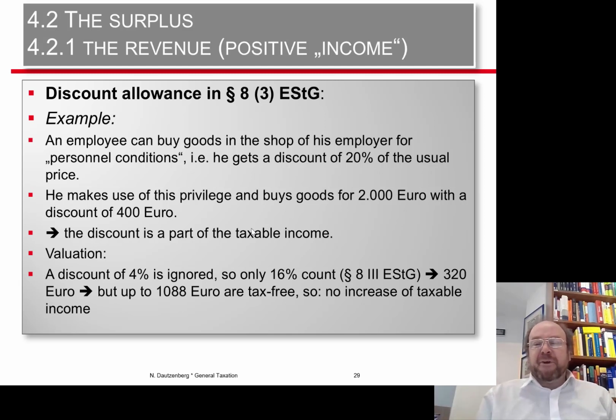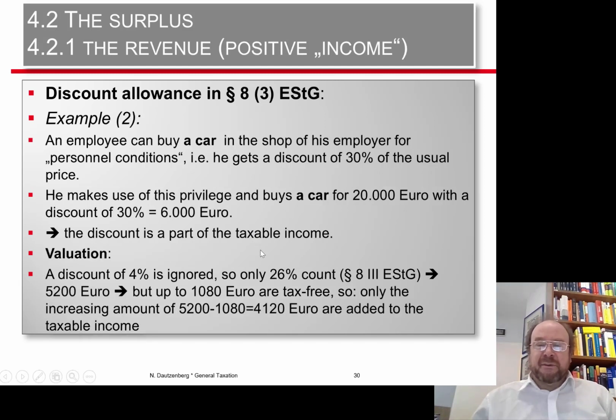And from the moment onwards, when the limit of 1,080 is surpassed, every additional discount which is taxable will be subjected to your income tax. It has to be communicated to your fiscal office.